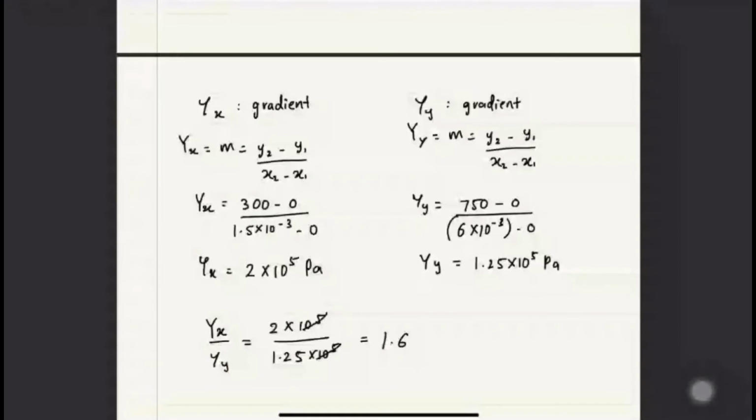Betul. Question number 10 by Keys. Saya baru nak masukkan gambar ni. Save image. Tu saya hantar ke sini.